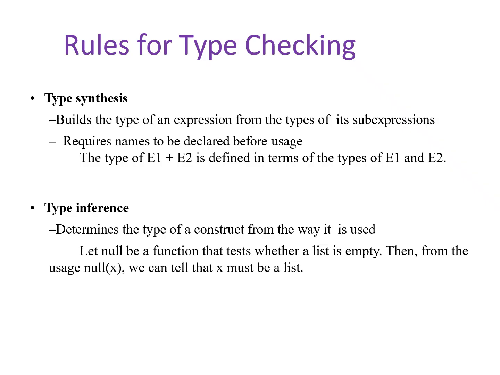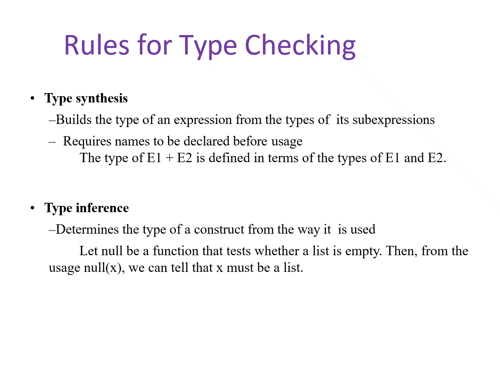Such conclusion statements are handled by type inference. For example, if you have null of x, it is pre-declared that null is a list, so null of x always comes under the list. So these are the basic rules involved in type checking.